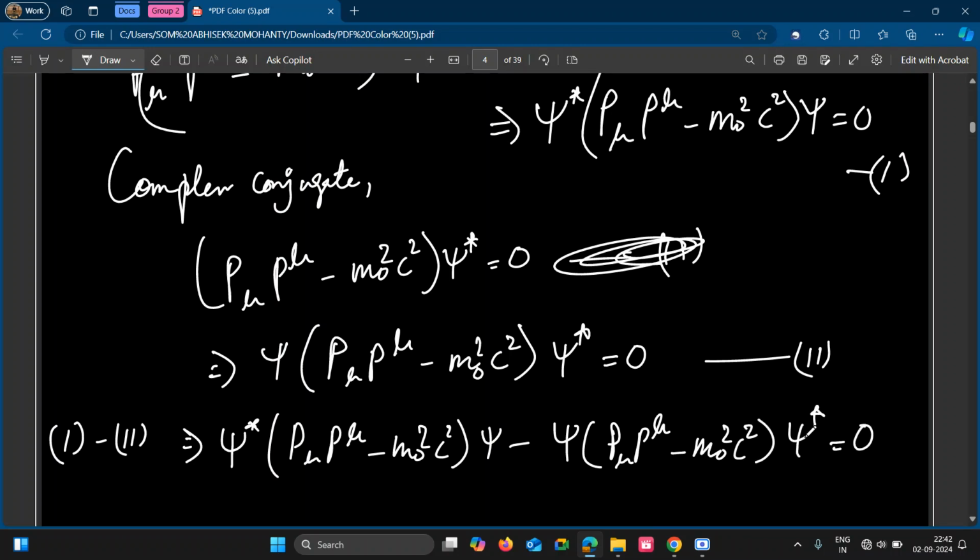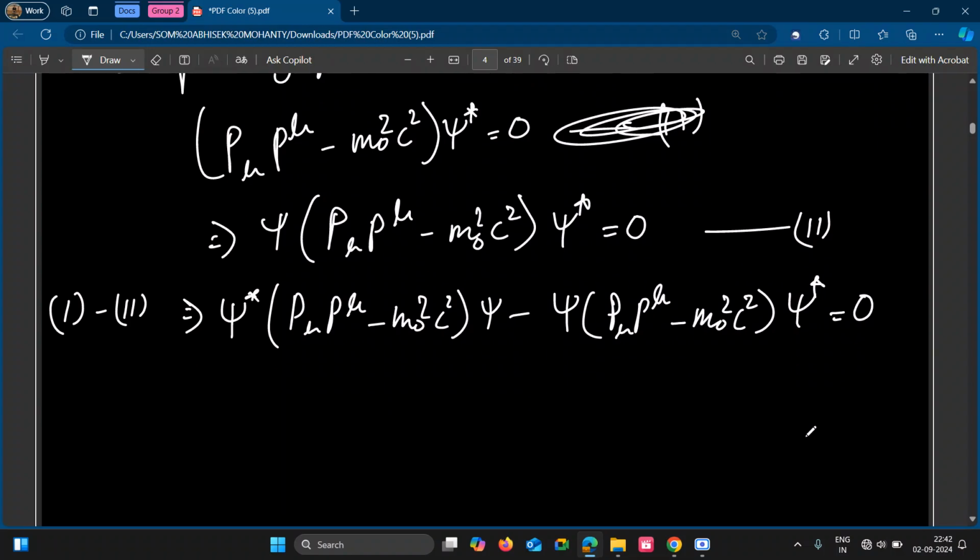Okay, equal to 0. So what will I do now? See, p mu can be written as what? Minus i h cut del mu, right? So let's write it.